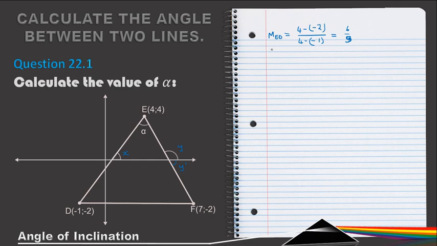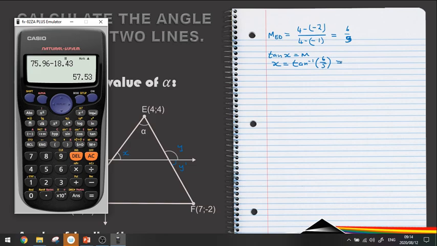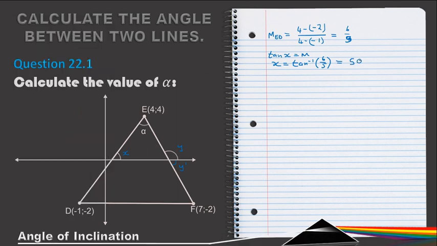All right, so if we have tan x equals the gradient, then x is equal to the inverse tan of the gradient, which we just found as 6/5. So you say shift tan 6/5, and that is equal to 50.19 degrees. Okay, done for that one.